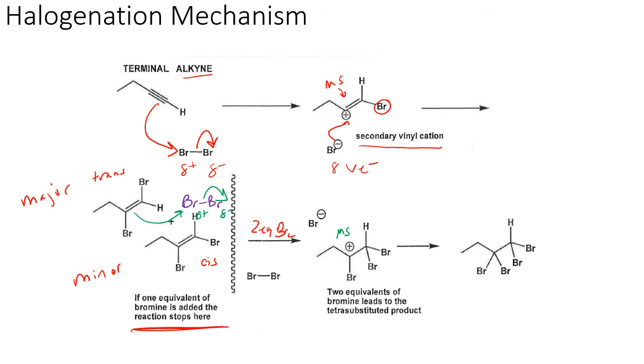So that means that the bromo group that just got added will be on the least substituted side. So now we have one side that has one bromo group and a carbocation, and the other side has two bromo groups that have been added. Our bromide anion that was booted off will attack that carbocation, and we end up having a tetra-substituted product here. So 2 of the bromos were added in step 1, 2 of the bromos were added in step 2.